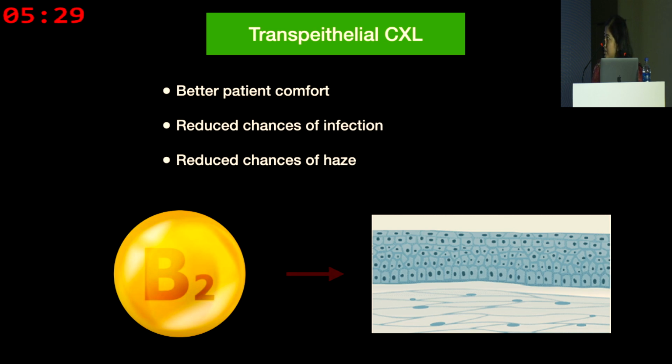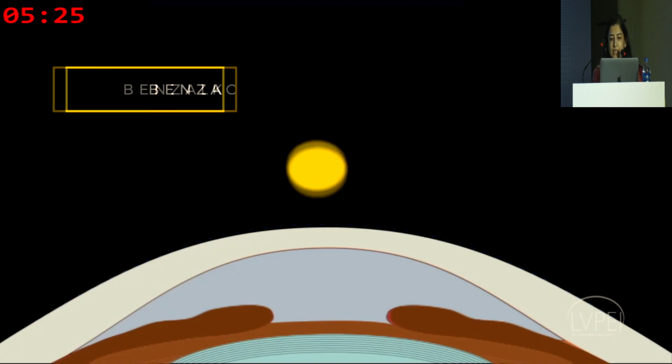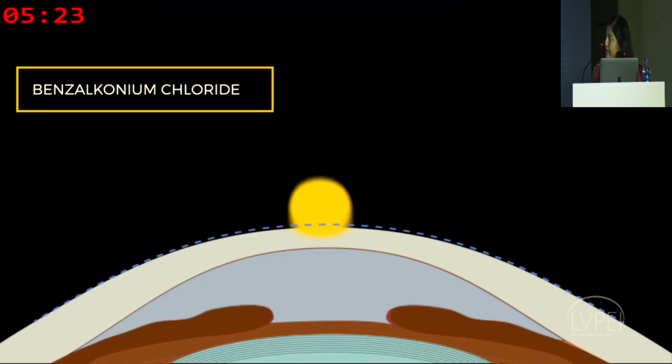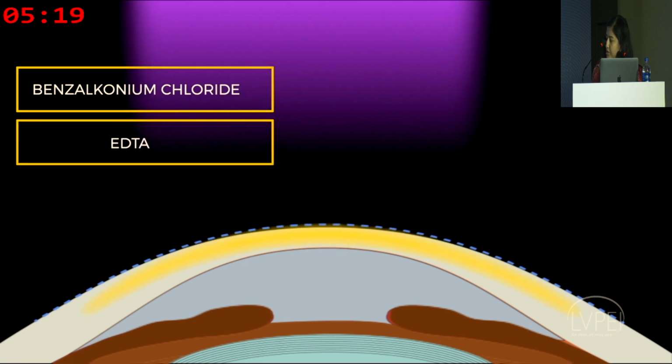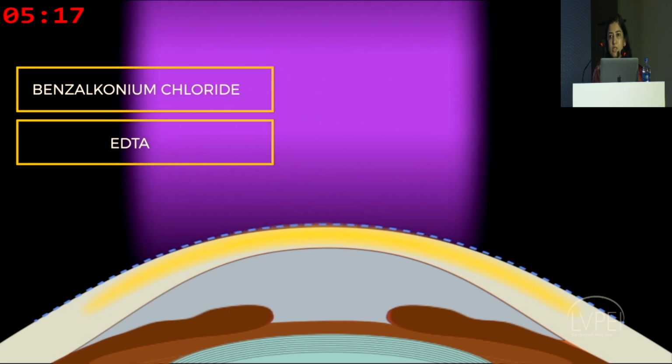So this is usually taken care of by adding benzalkonium chloride and EDTA, which act as penetration enhancers. So they loosen up the intact corneal epithelium and enhance the penetration of the riboflavin into the stroma, beyond which the UV light can be given.